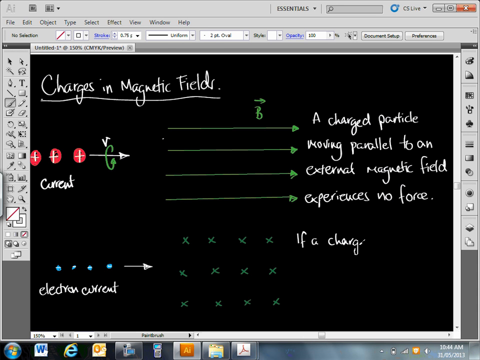If a charged particle moving with speed v downwards, moving with speed v and charge q, yes, flow of negative charge there, conventional.